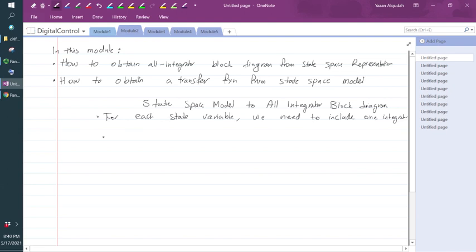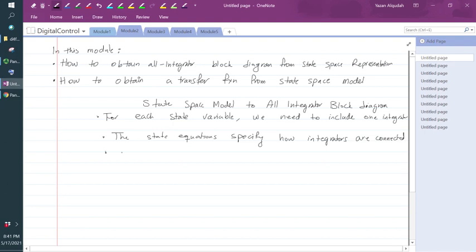And the state equations that we have in the state model specify for us how the integrators are connected to each other, and also how they are connected to the input.